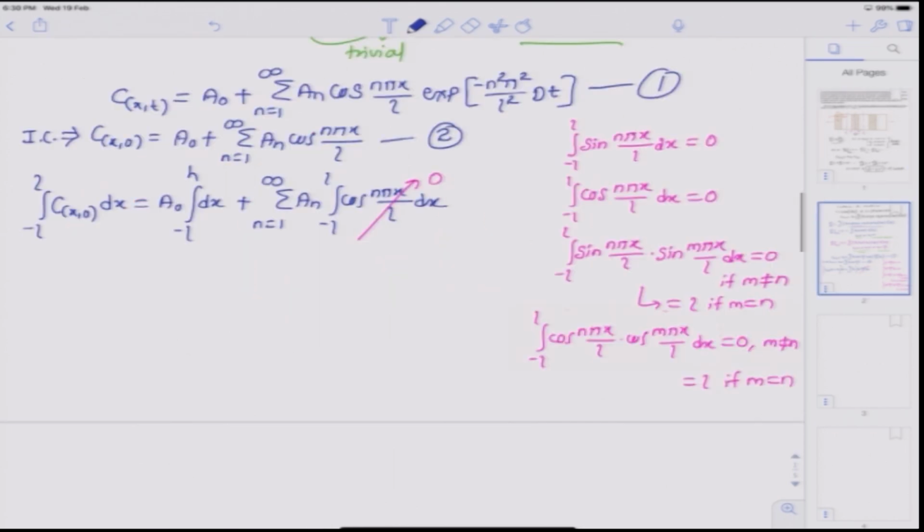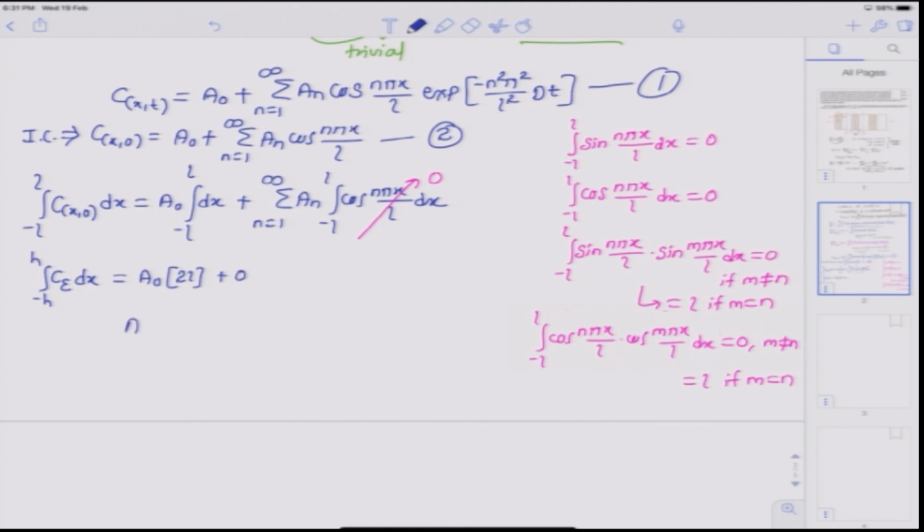So, we need this integral between minus h to h, at which the value of C of x 0 is C epsilon, should be equal to a 0 times integral minus L to L dx, which should be 2L, and this is 0, and C epsilon is a constant.